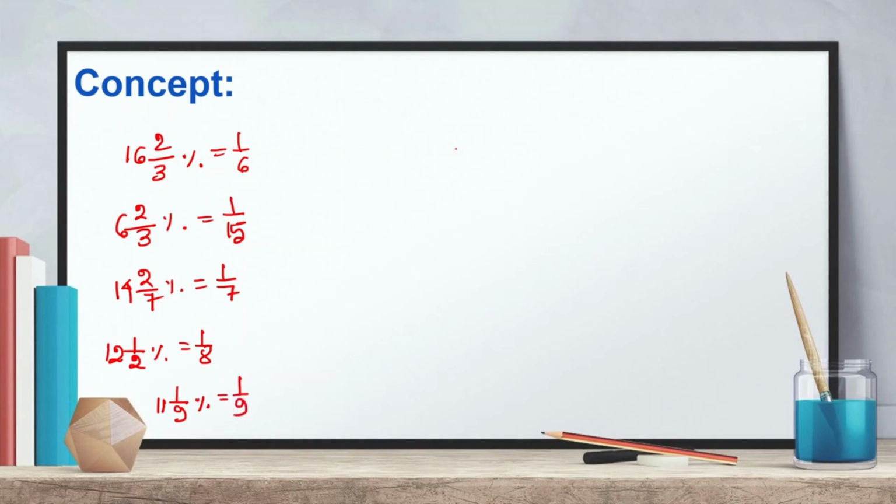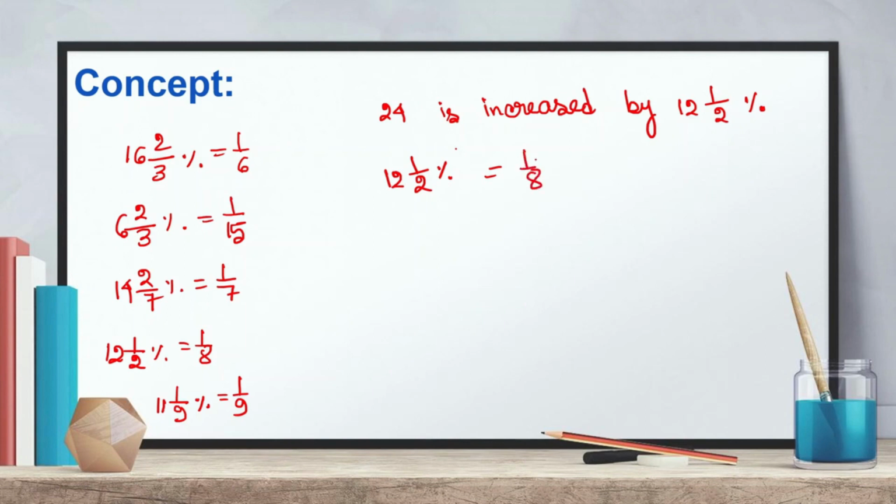Now, let any number, suppose 24. Suppose 24 is increased by 12 1/2 percentage. Then what is the final value after increment? We remember 12 1/2 percentage is equal to 1/8.